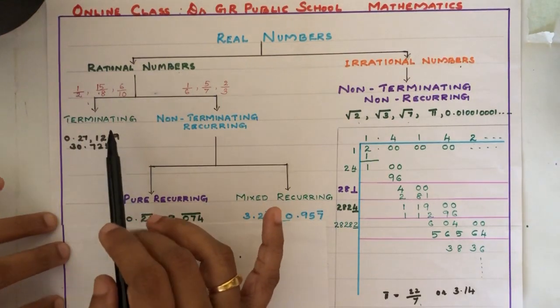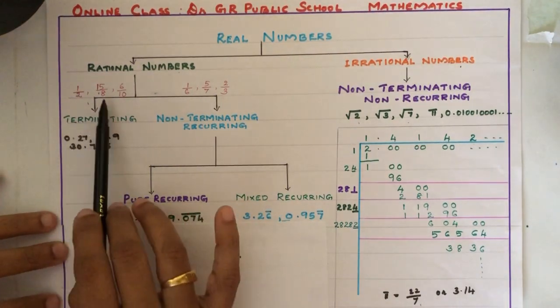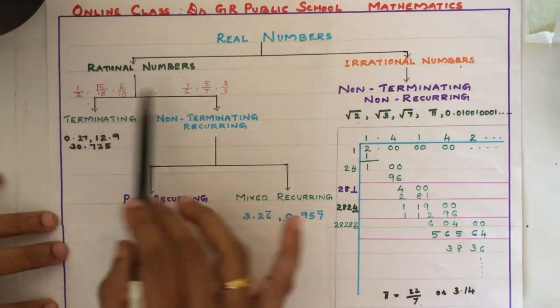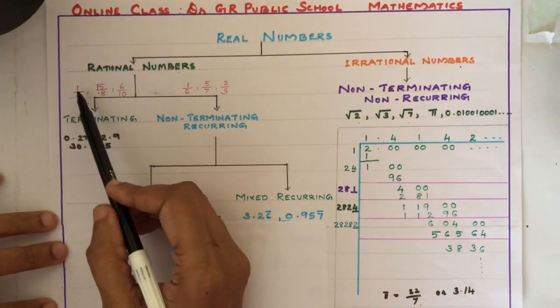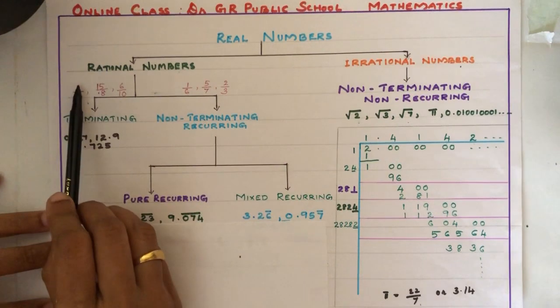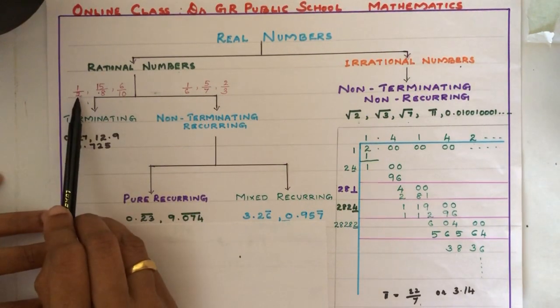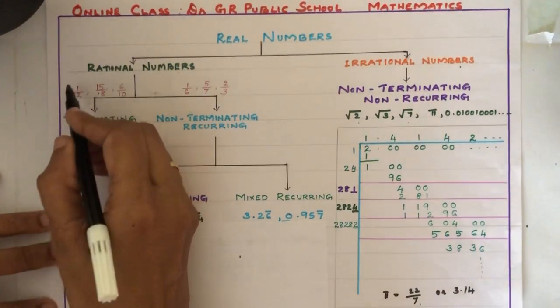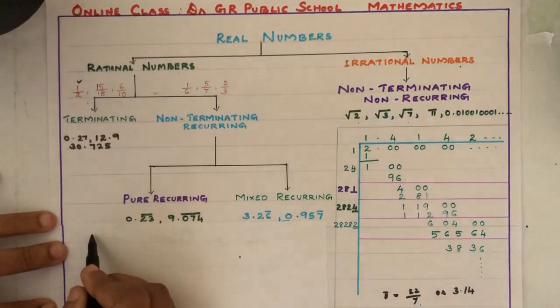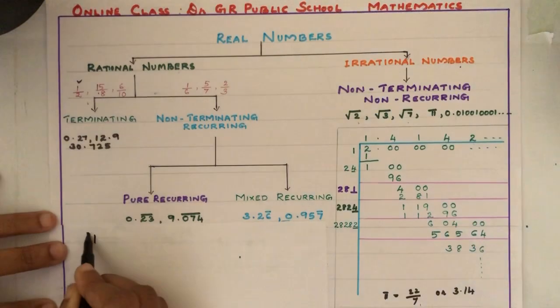Last year, how did you find the decimal form of rational numbers? Can you recall? We divided the numerator by the denominator to get the decimal form. The first one is 1 by 2, so 1 divided by 2.